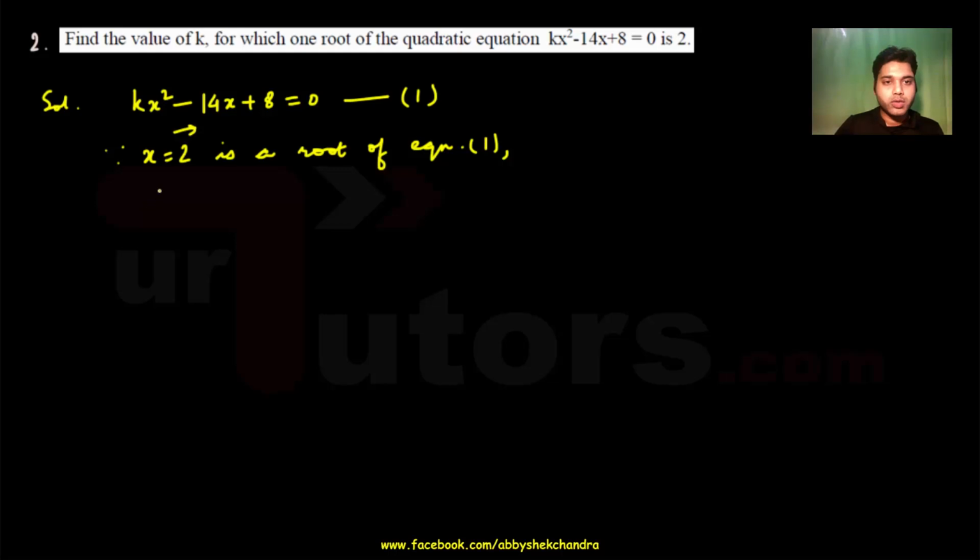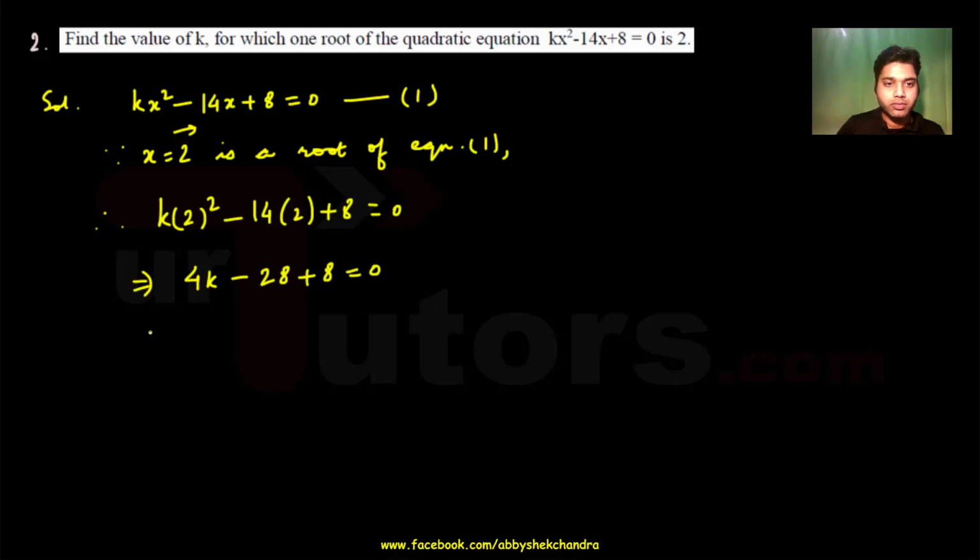So what we are going to do is substitute x equal to 2 in equation 1. Therefore kx squared minus 14x plus 8 equal to 0, or this will be 4k minus 28 plus 8 equal to 0, or 4k will be equal to minus 28 plus 8, which is minus 20.